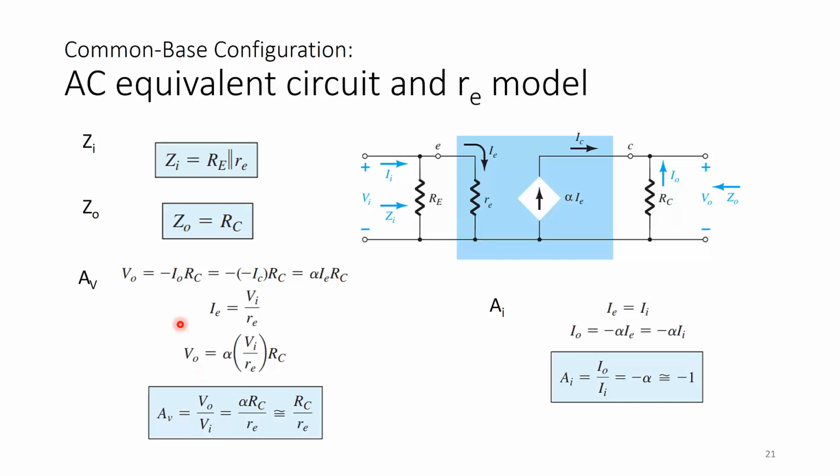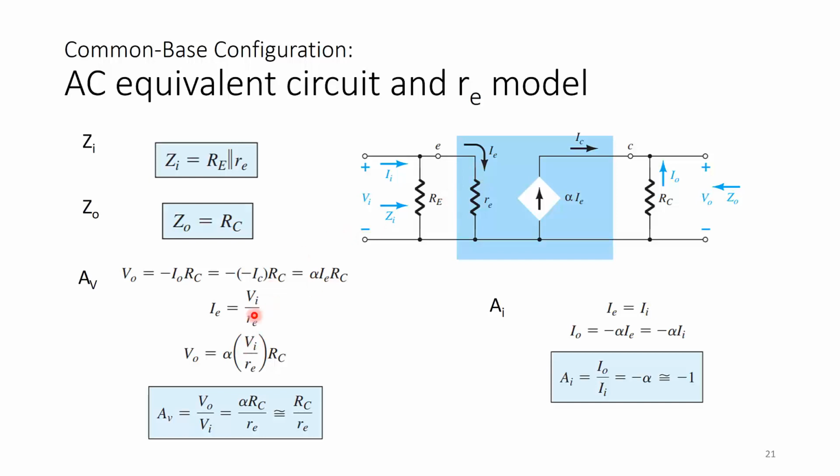For AV, we take the same approach. We do Ohm's law at the output port, so Vout is equal to negative Iout RC, negative because Iout enters the negative terminal, and our expression will be in terms of IE. So we need another expression relating IE to Vin.